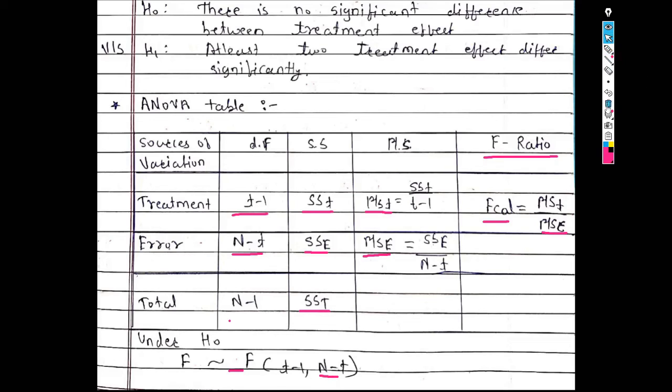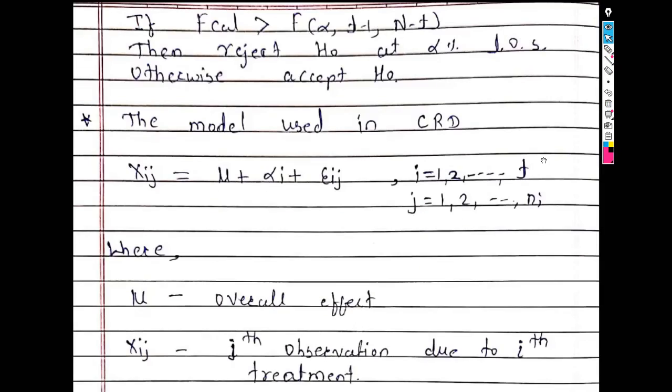So how do we make a conclusion about this hypothesis? When our F calculated value, that is the F test statistic value, is greater than the F critical value, then we reject H0 at the given alpha percent level of significance.